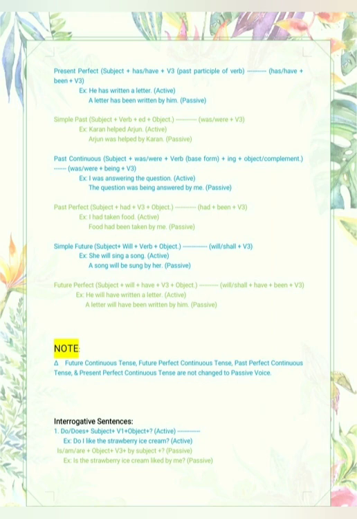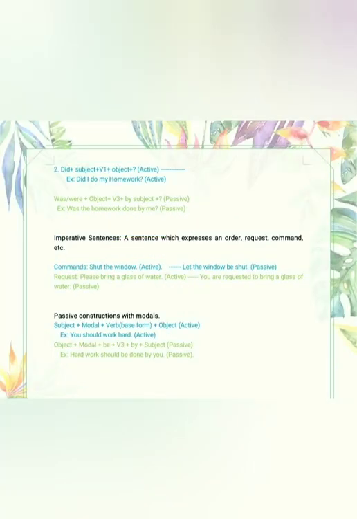Do I like the strawberry ice cream? This is in active voice. Now when we change it to passive voice, we will use one is or am or are plus object plus V3 plus by plus subject. And yes, the question mark is very important since it's an interrogative sentence. Like, is the strawberry ice cream liked by me?